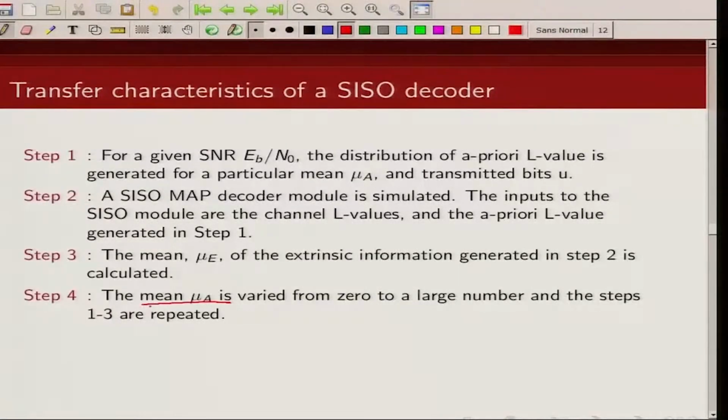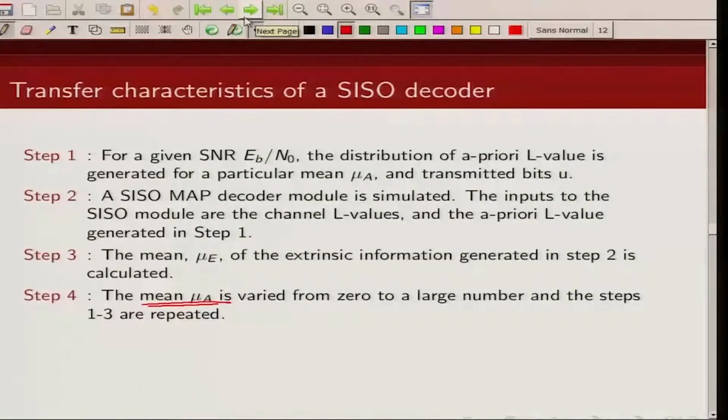Now, as I said, with iteration my a priori information is changing. So, now we are going to change the mean of the a priori information, and then we will again simulate this soft input soft output decoder, and we will try to see what happens to the extrinsic information mean, how much it is growing with change in input a priori information mean.